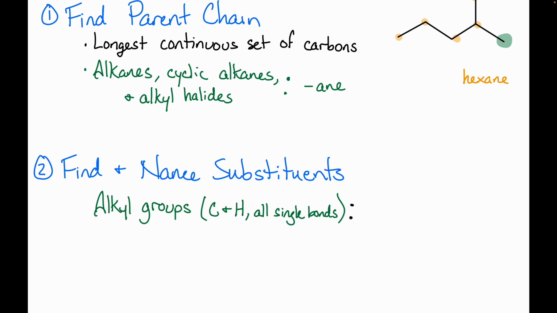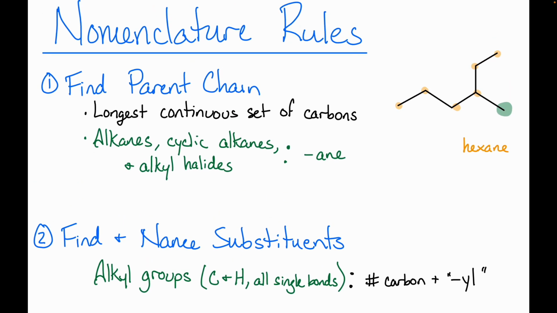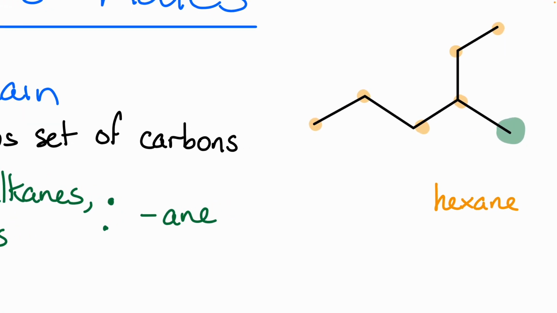In order to name those, we do our number of carbon prefix plus the ending YL. All right, so in my substituent up here, I have this 1 carbon. We use that prefix meth. And since it's an alkyl substituent, I toss that YL ending on it. This would be a methyl group.